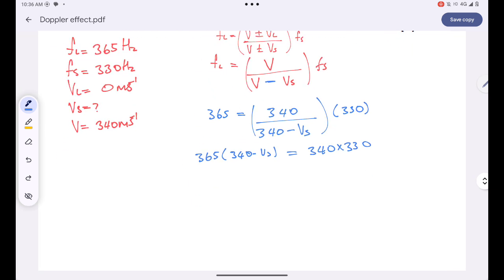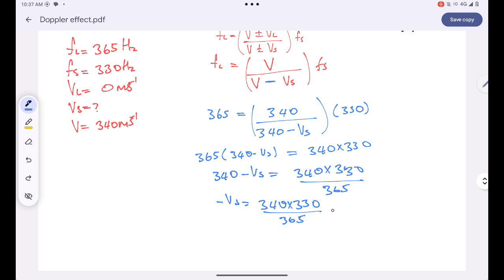So whenever I divide both sides by 365, I will be left with 340 on the left hand side minus vs is equal to 340 multiplied by 330 all over 365. And then I'll simply have negative vs on the left hand side is equal to 340 multiplied by 330 all over 365, minus 340.